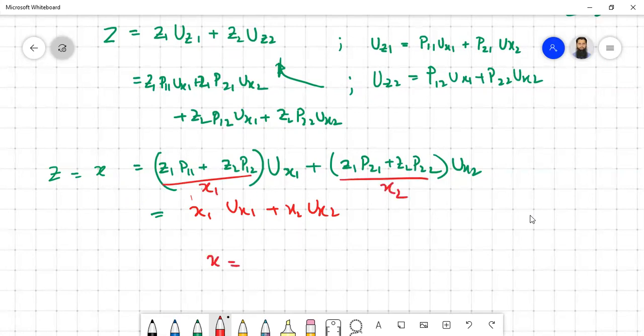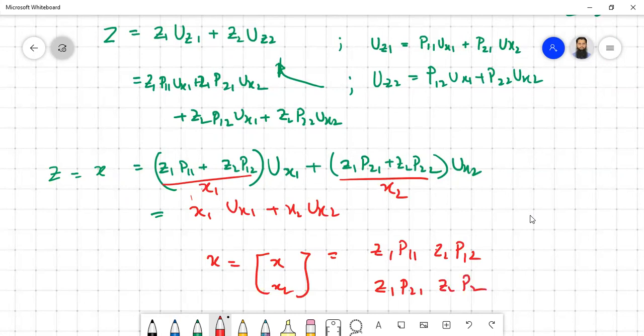So x equals x1, x2, isn't it? So write that: z1 p11 plus z2 p12, z1 p21 plus z2 p22.